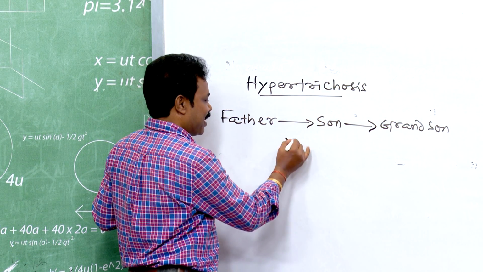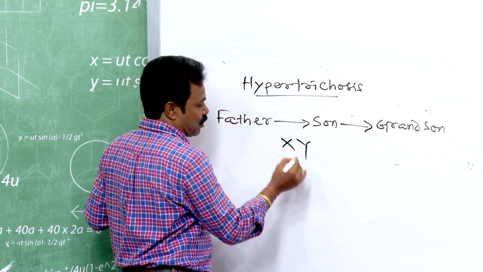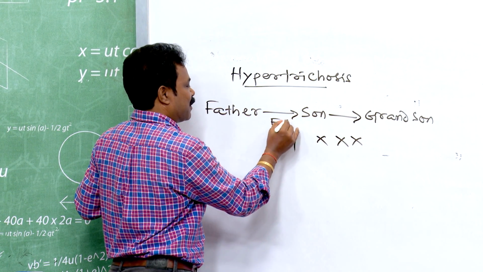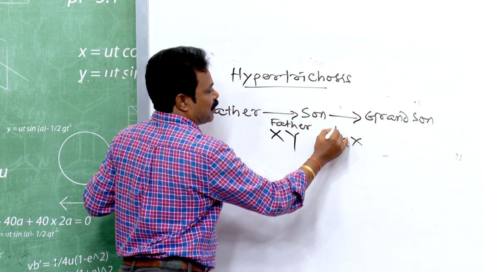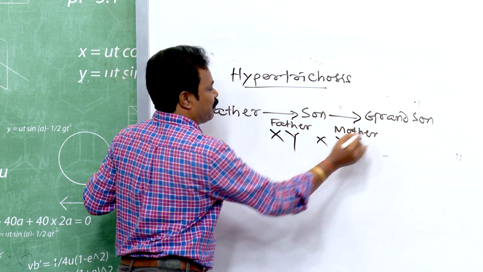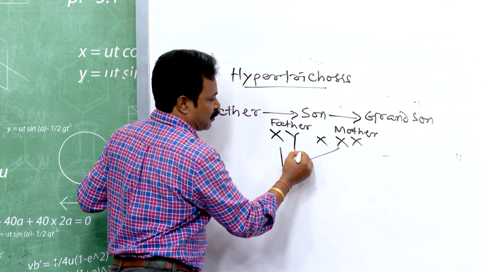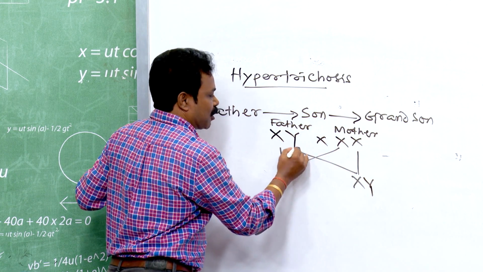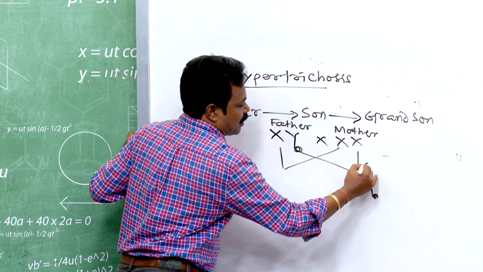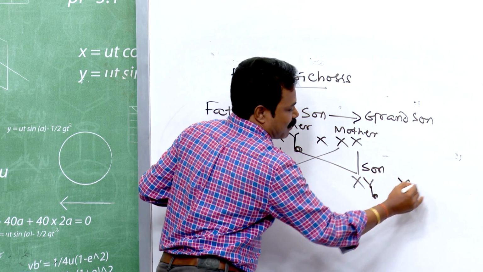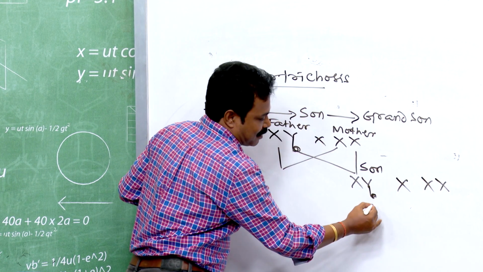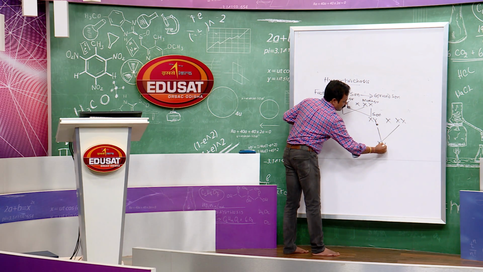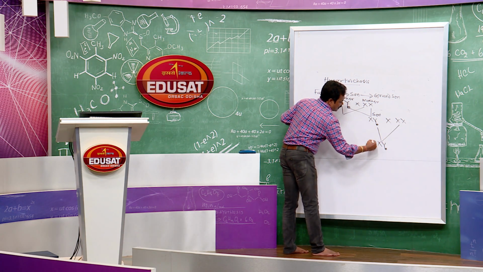Here you see the pattern: XY, father, mother, son, grandson.